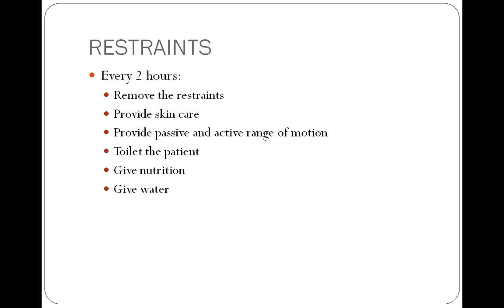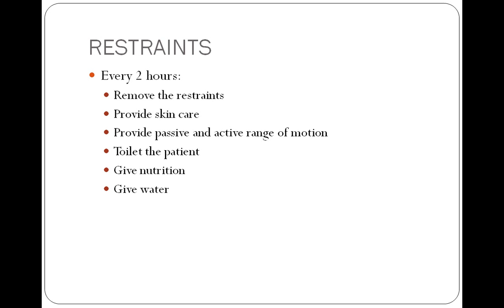The patient's extremities should be exercised either passively or actively. Passive range of motion would be that the nurse would take the joint through its full range of motion, at a minimum flexing and extending the joint 3 to 5 times.